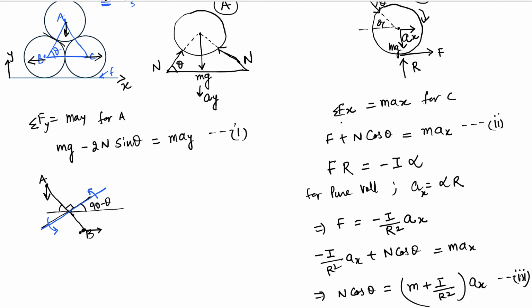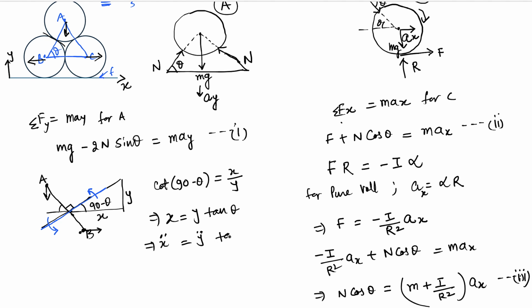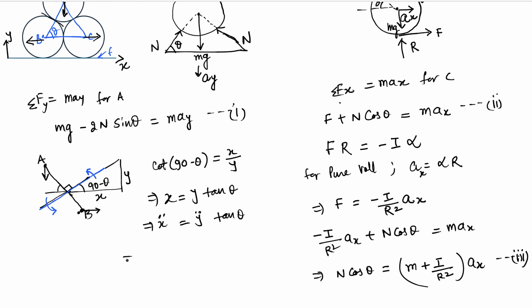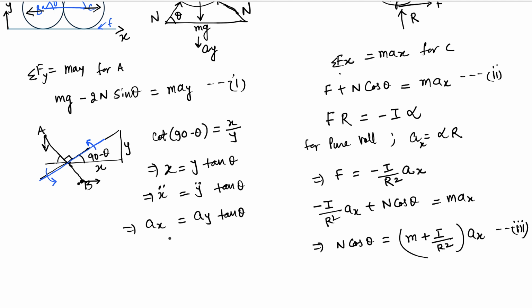So if you consider this as y and this as x, then cot of 90 minus theta is x by y. Therefore x equal to y tan theta, and therefore x double dot equal to y double dot tan theta for any theta, which means ax is equal to ay tan theta.